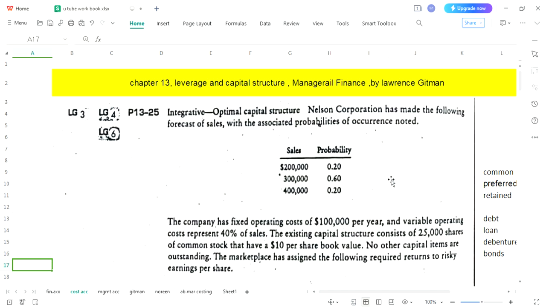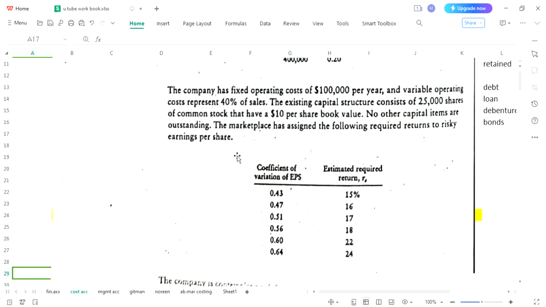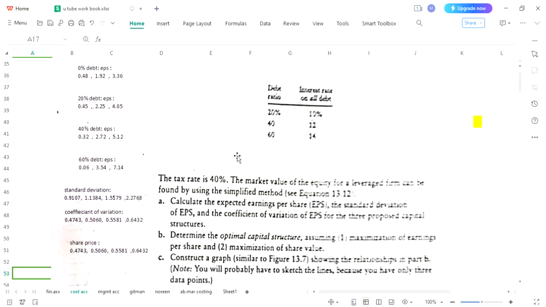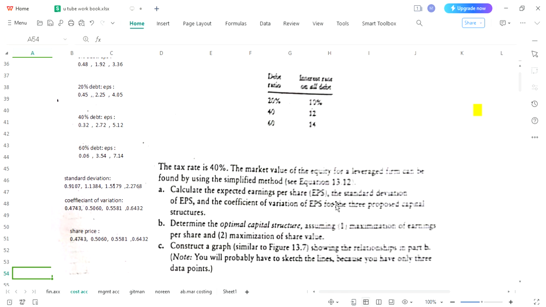In this specific question 13.25, the requirement was to calculate EPS. There are three different types of capital structure, where debt is 20%, 40% and 60% of the whole capital structure.